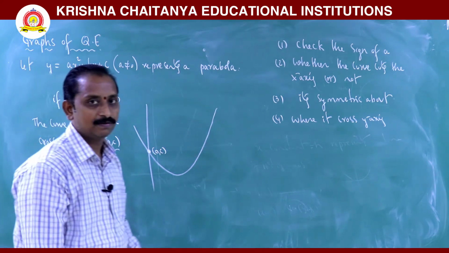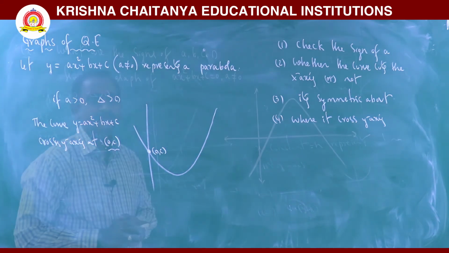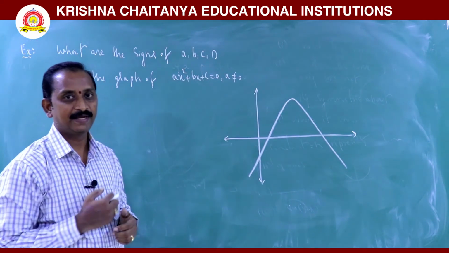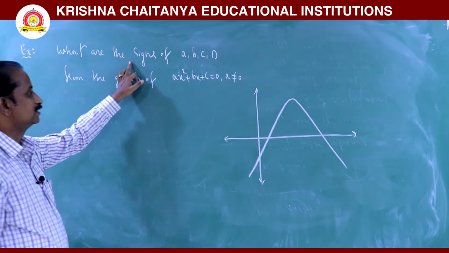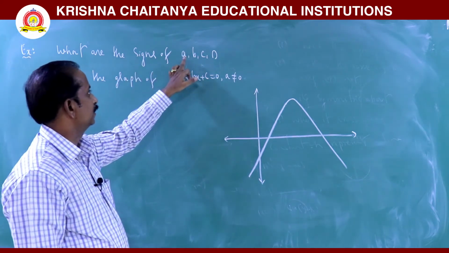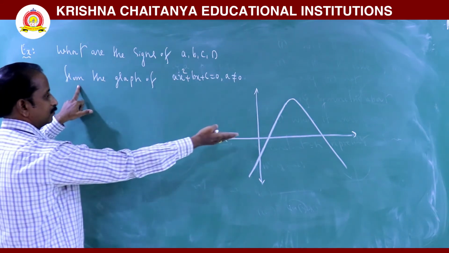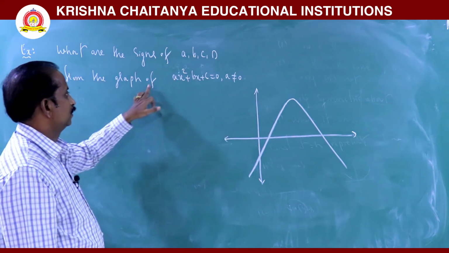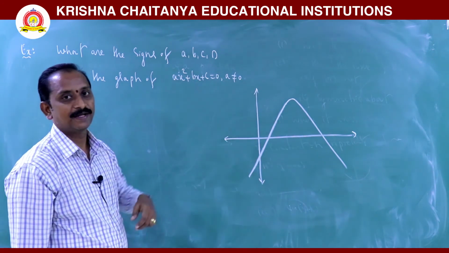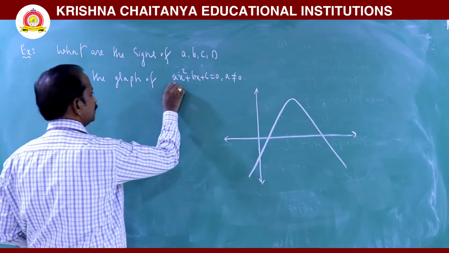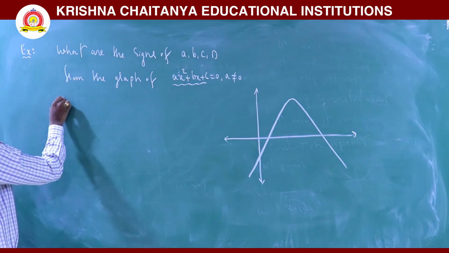Now come to a small question. Here is one example we can consider. What are the signs of a, b, c, d from the graph of ax square plus bx plus c is equal to 0, where a not equal to 0? Consider ax square plus bx plus c as y, for example.